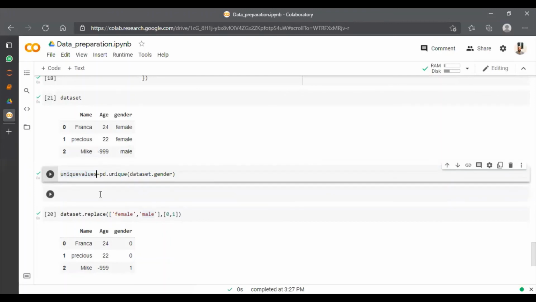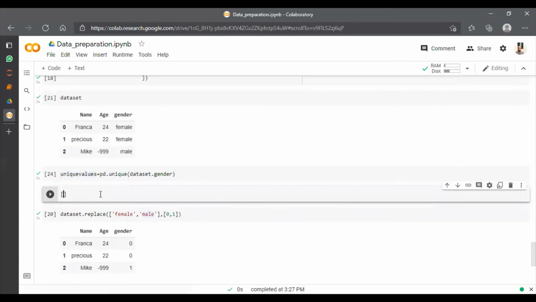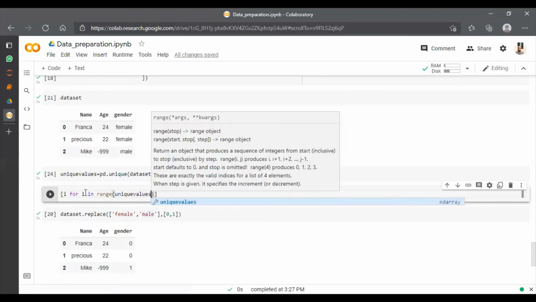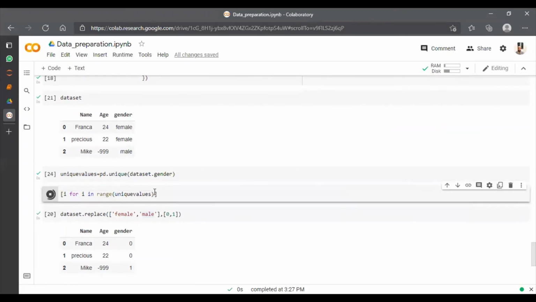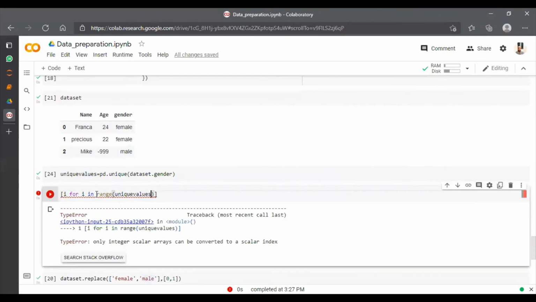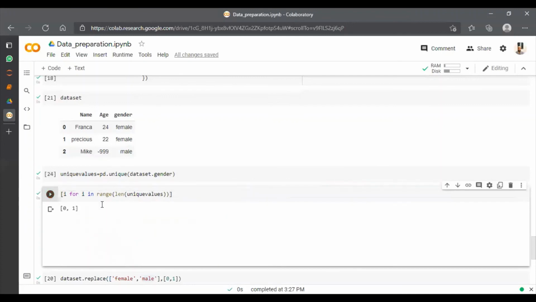I can do that with something like this: for i in range len unique values. So we have 0 and 1. Do you understand how I created this?